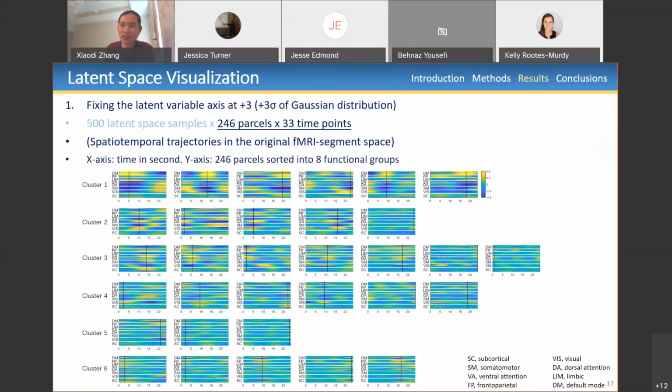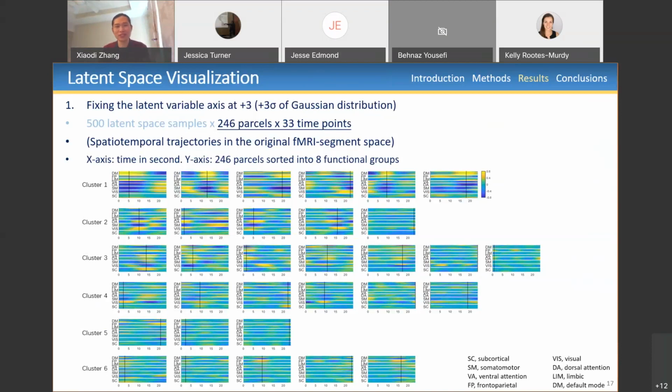The x-axis is time, and the y-axis is the different locations of the brain in the 7 different networks. I don't know if we can actually see the labels or not, but from the very top is the default mode network, and then frontoparietal, and it goes all the way to somatomotor and visual network.